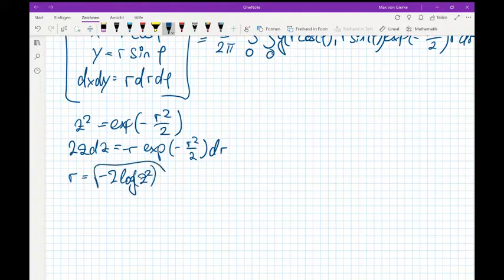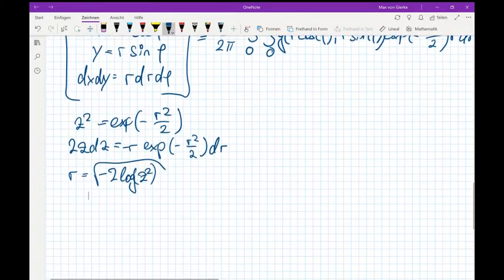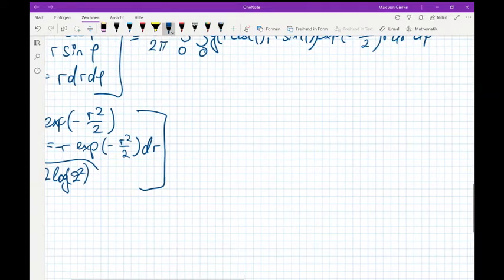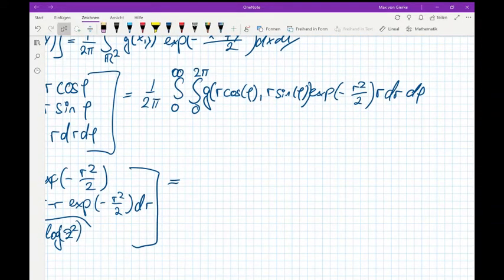So now with the log and the trigonometric functions, it already looks somehow like Box-Müller, and if we wanted to apply Box-Müller, this should be the point where we do it. But as I said, we are going to do it without Box-Müller.